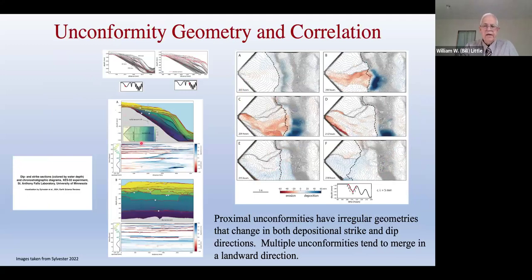And then in terms of the geometry of the unconformities, so again, we've got here a strike section, a dip section, and then a strike section. And the Wheeler diagrams that belong to both of them, as we've mentioned before, there's a greater amount of erosion that decreases basinward in the dip section.